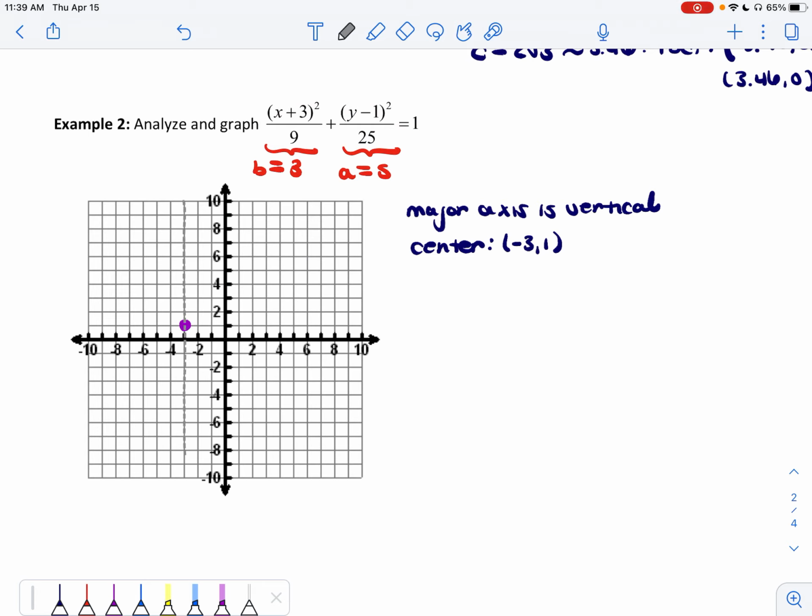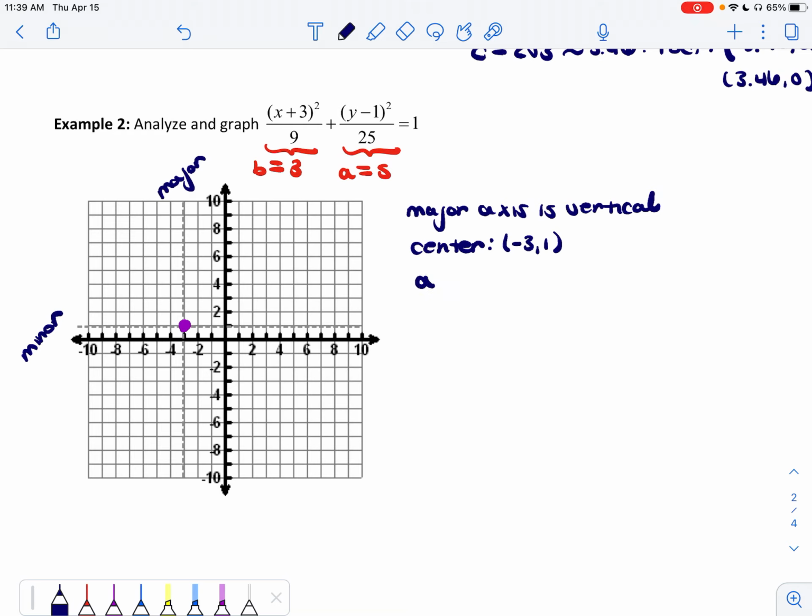So major axis is vertical, minor axis is horizontal. Now we need to find the vertices, the points on the minor axis, and the foci.